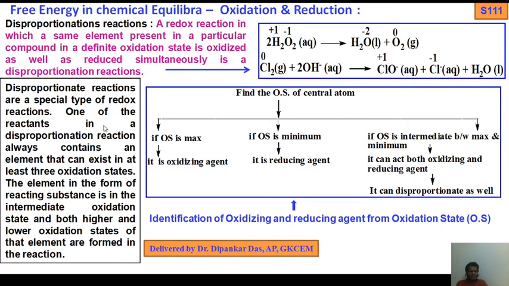One of the reactants in a disproportionation reaction always contains an element that can exist in at least 3 oxidation states. So the element in the reacting substance is in the intermediate oxidation state, and both higher and lower oxidation states of that element are formed in the reaction. Here the element possesses 3 oxidation states: 0, +1, -1.